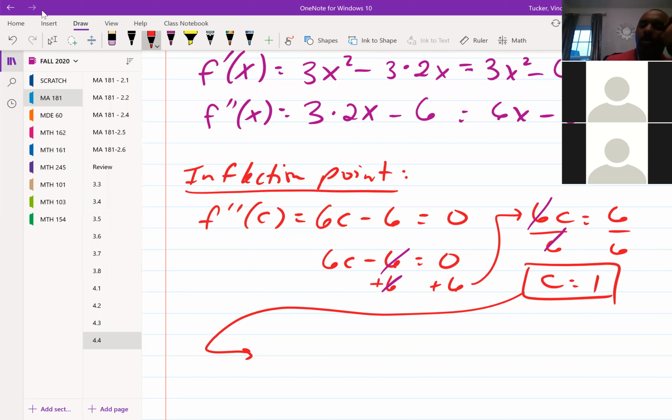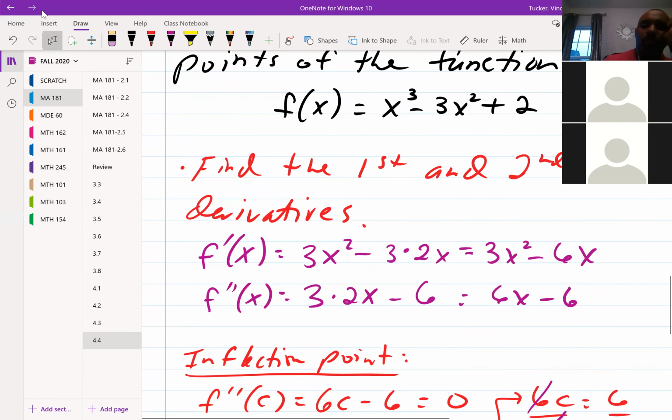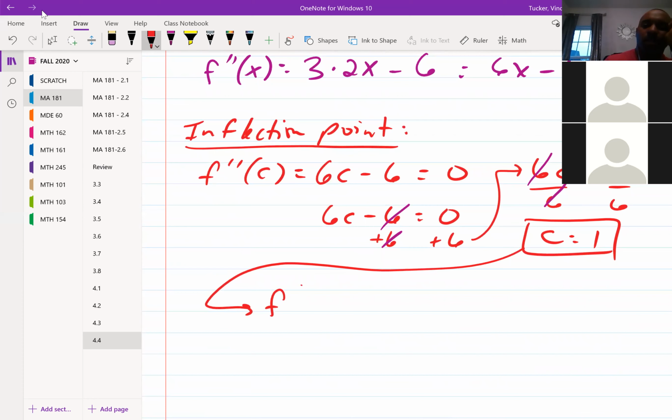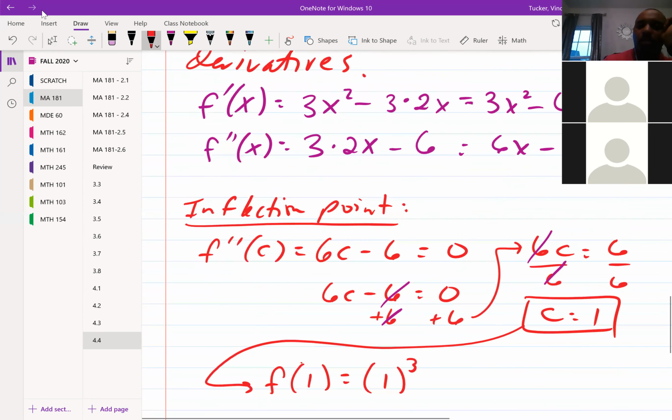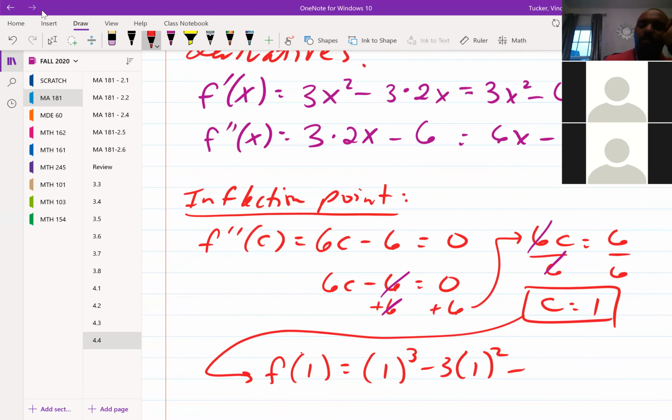So that point, when I go back to my full initial function, plug 1 into the equation, plus 2.